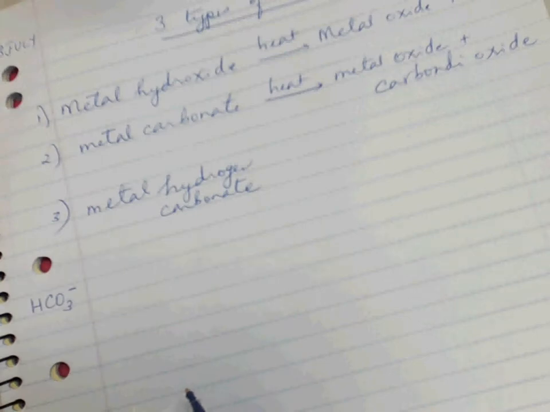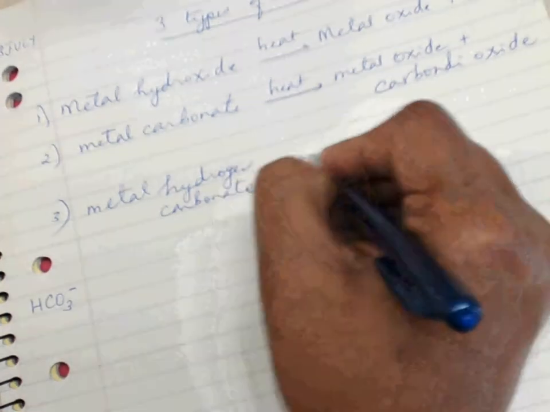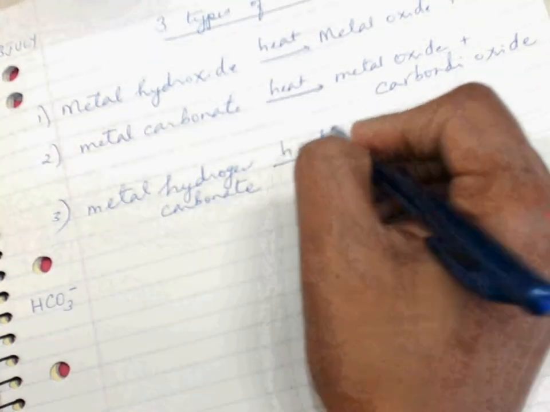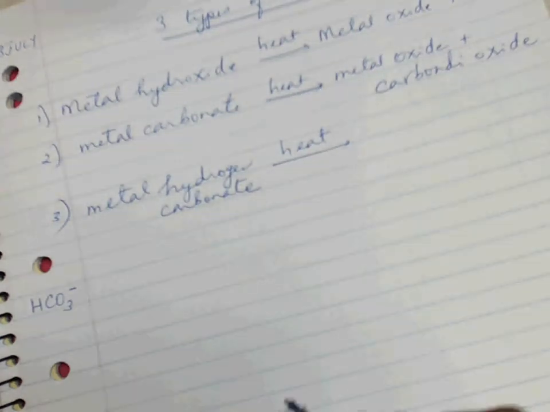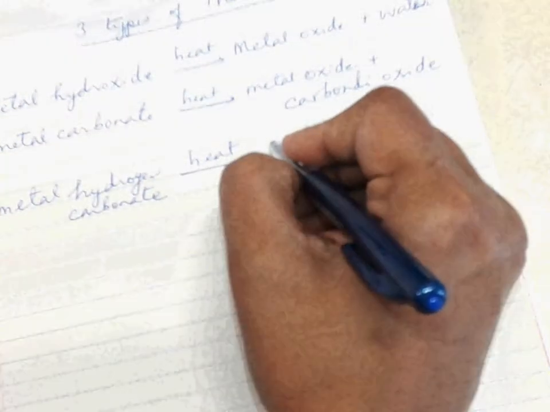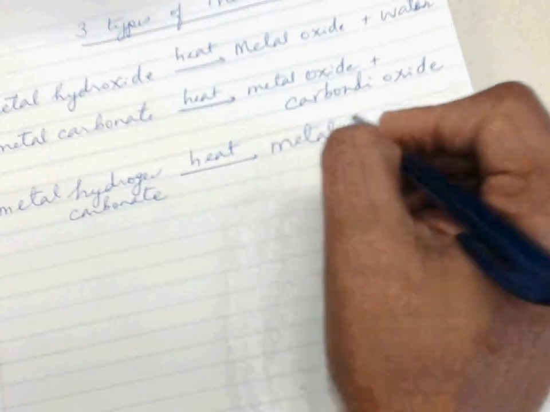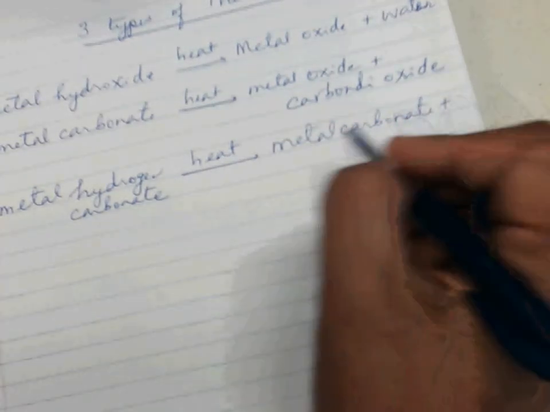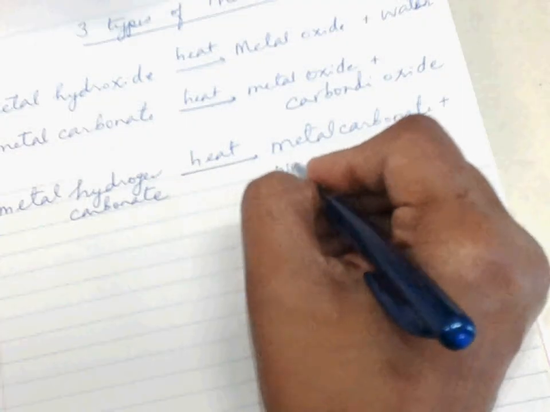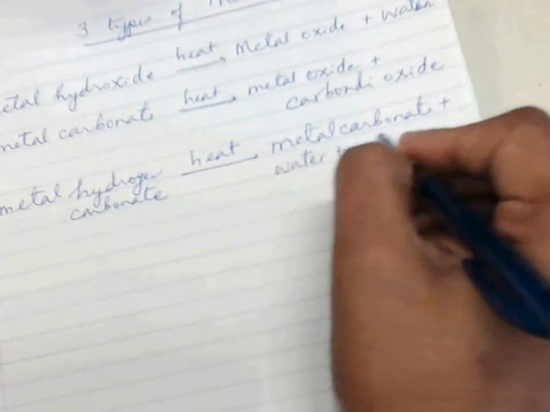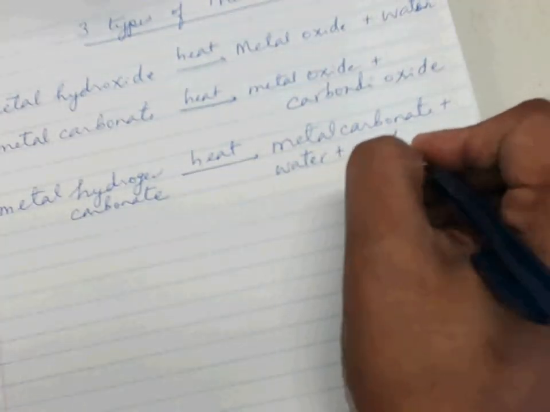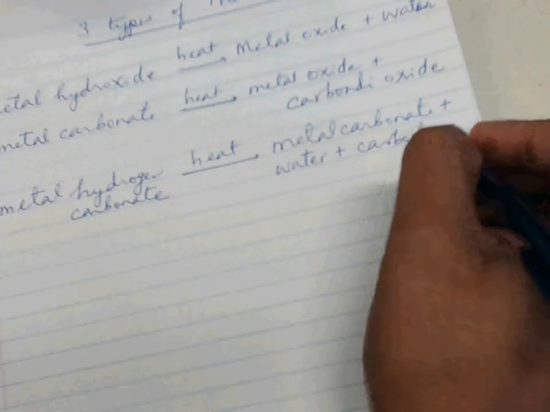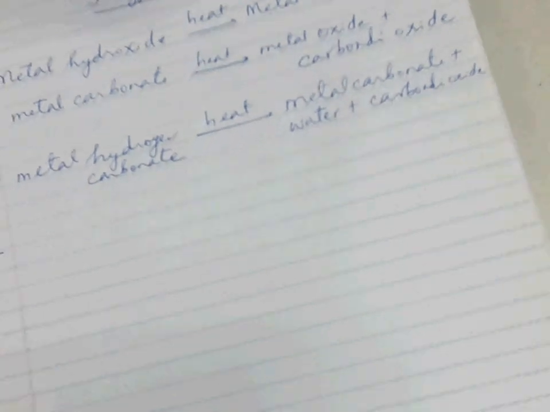So a metal hydrogen carbonate, when you heat it up, breaks down to give you a metal carbonate this time, plus it also gives you water and carbon dioxide. Okay, so you've got metal carbonate, water, and carbon dioxide.